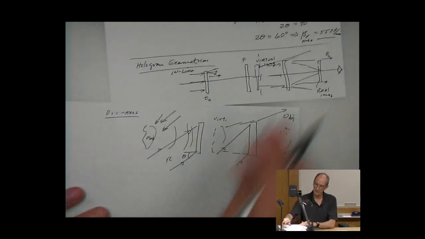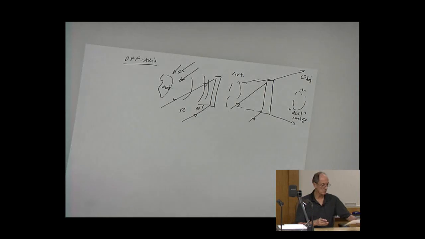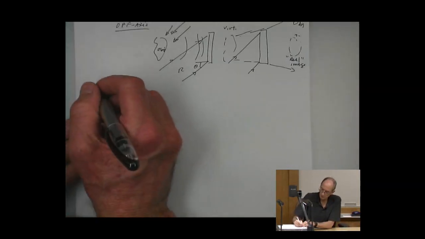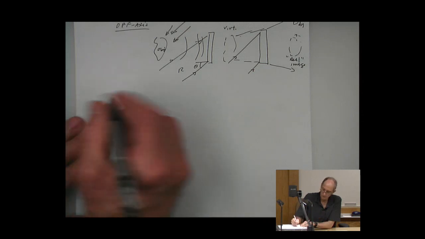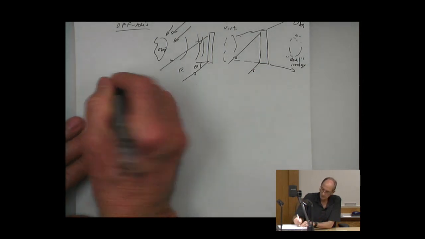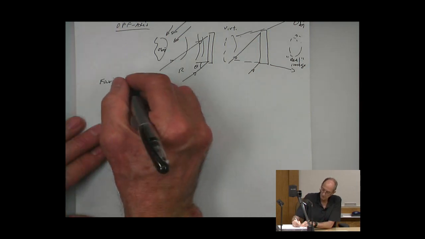Okay, so we already have these two geometries, but there are some other geometries which are also very useful. So let's look at those, all right? And now we can again use some of this nice Fourier analysis that we have, and we'll look at the Fourier transform hologram.